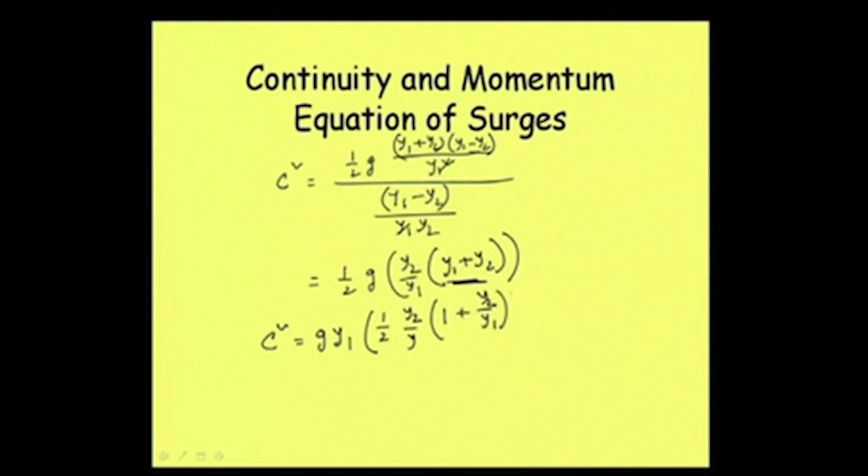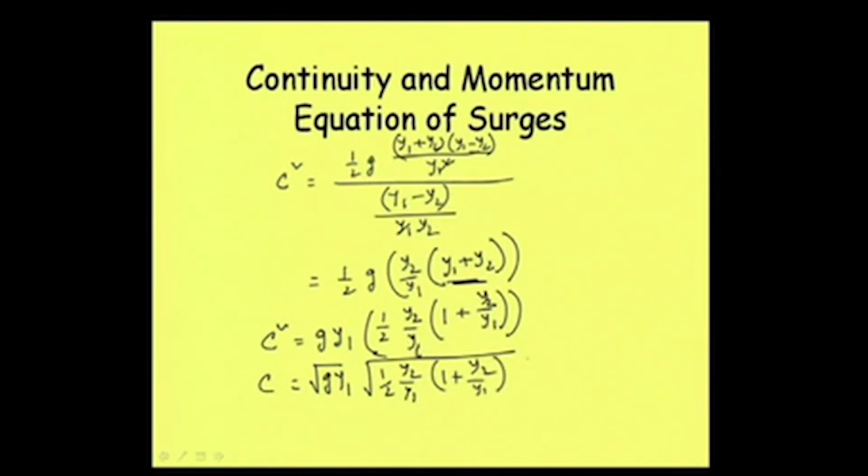Well, so that is the expression we are getting. Okay, so c square is equal to this part. Then if we take c, we will be getting c is equal to root over g y1, then root over half of y2 by y1 and 1 plus y2 by y1.